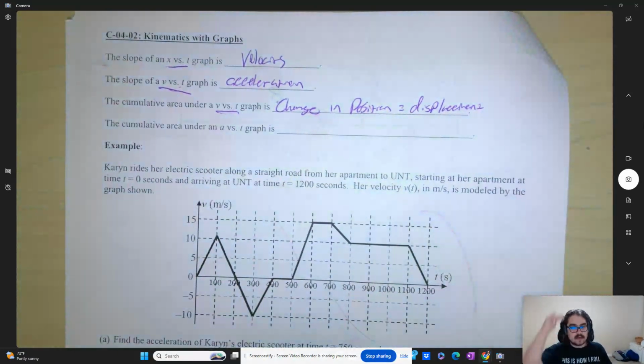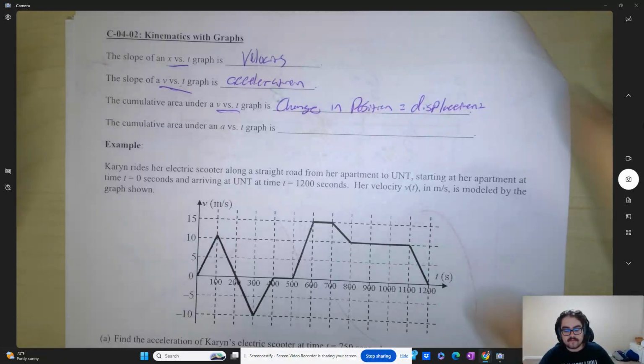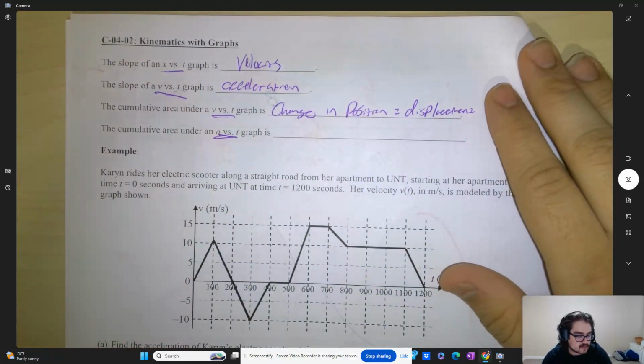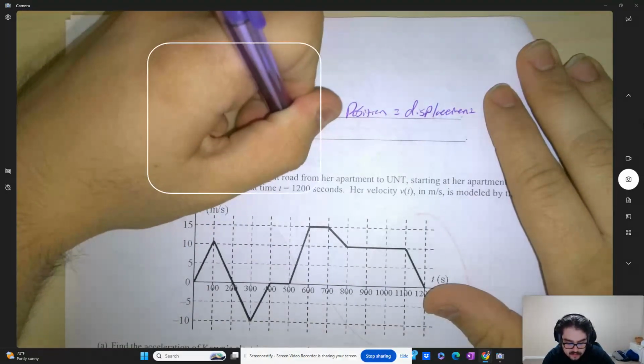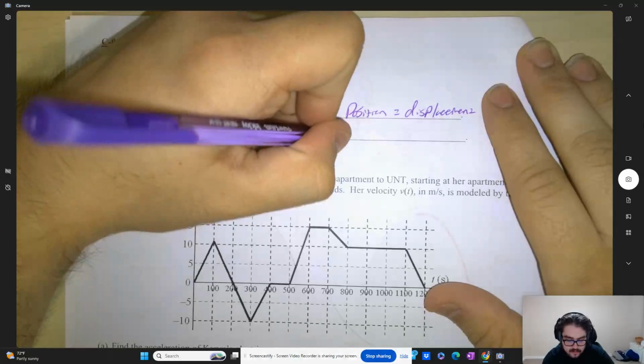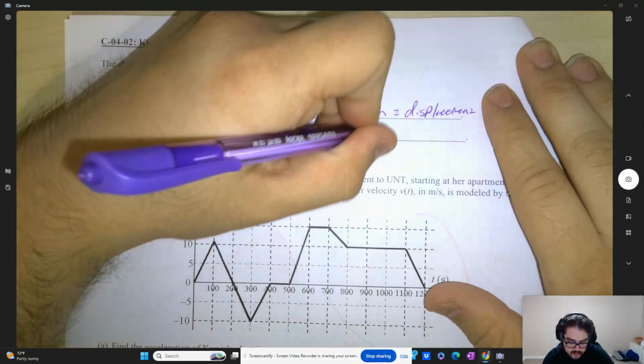For an acceleration versus time graph, the area under it gives you change in velocity. It doesn't just give you velocity or position; it gives you the change in those. So there's a difference.